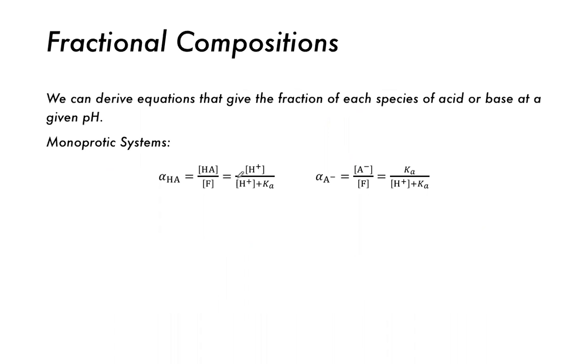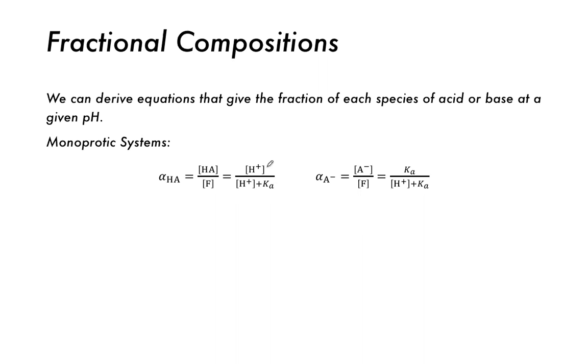For monoprotic systems, the fraction is a little bit simpler. The fraction of HA is equal to the concentration of HA over the formal concentration, which is the total concentration, which is equal to H plus over H plus plus Ka. Ka is our acid dissociation constant. H plus is the amount of HA which has dissociated.